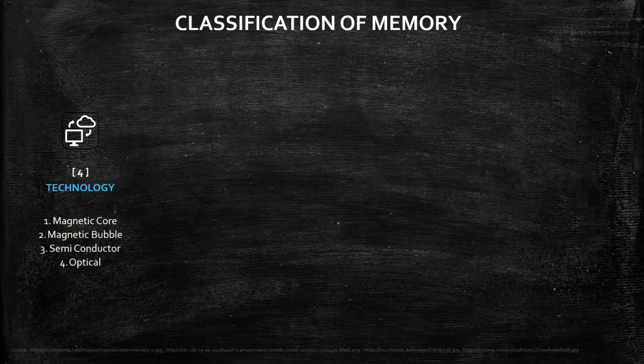So the fourth classification is based on the technology. When you manufacture the memory, when you design the memory, you have to keep in mind what the actual use of the memory is. So based on the use of that particular memory, we decide the technology.